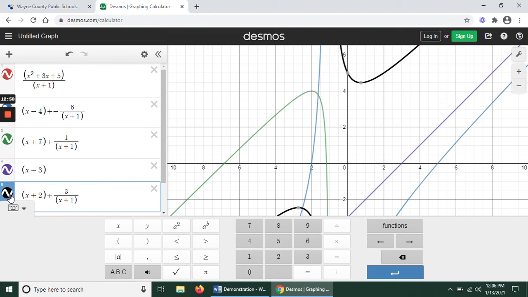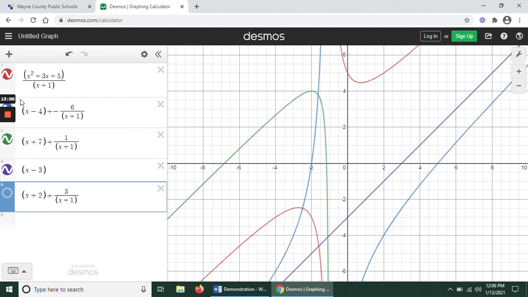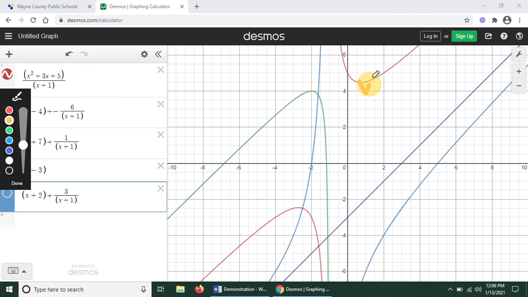The graph that is in black falls directly on the graph of the original problem, which is in red. All right? So notice, this is very important. This is the graph of the original problem.